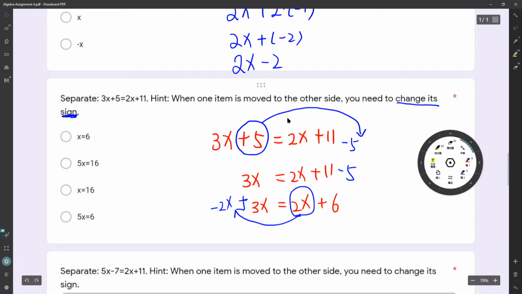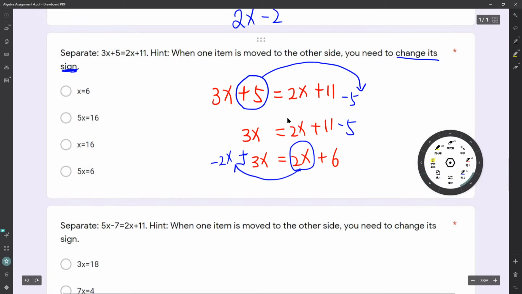So what we have is negative 2x plus positive 3x equals, there's only a 6 left there. And negative 2x plus 3x, what is that? We can think of it the other way around: positive 3x, negative 2x equals 6.